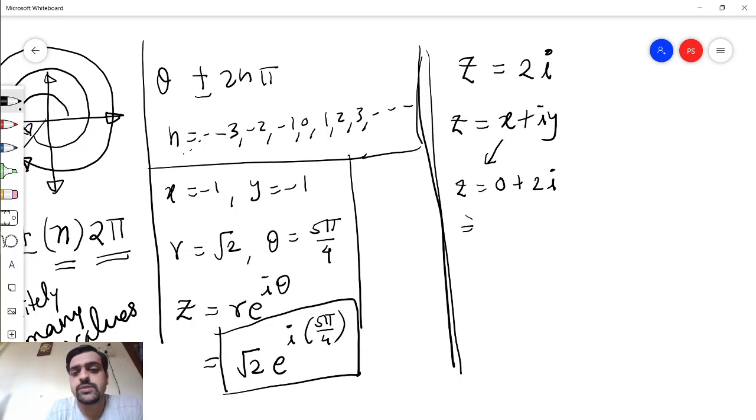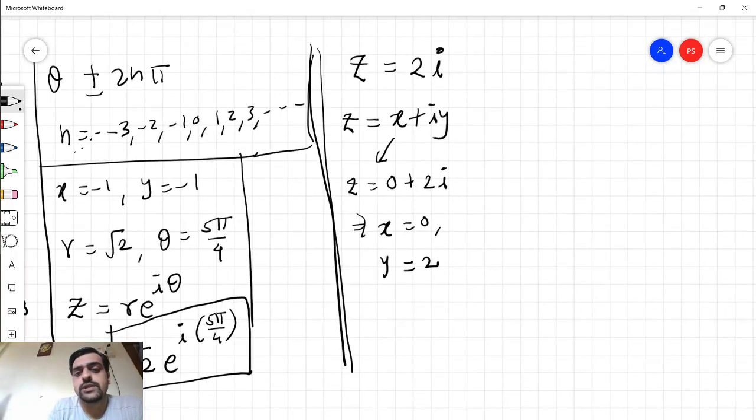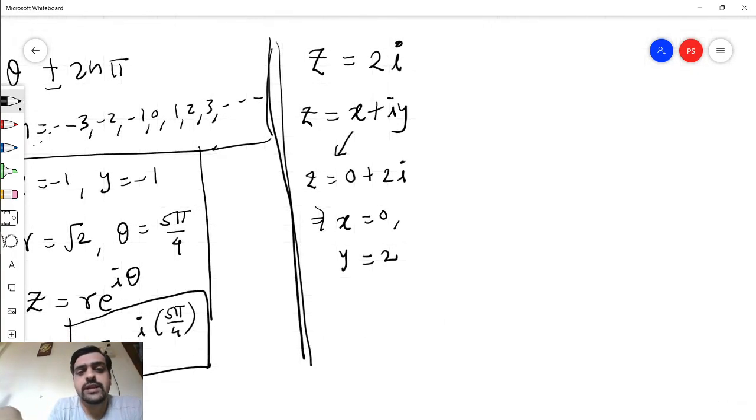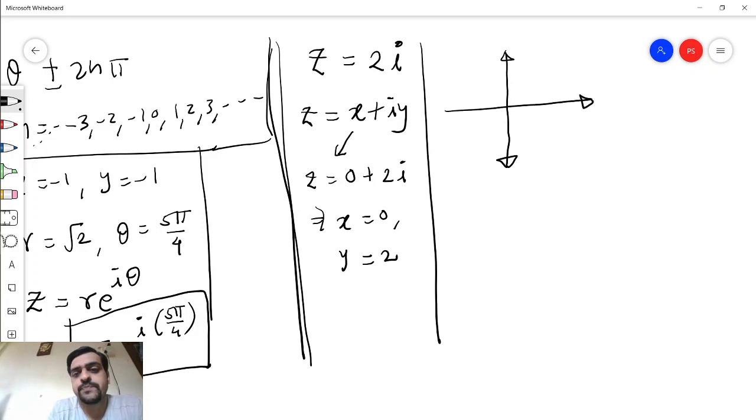So this means x equals 0 and y equals 2. This is a special case where the z is completely imaginary with no real part. So obviously, if we try to represent this, x coordinate would be 0, y coordinate would be 2. So the number belongs to y-axis.